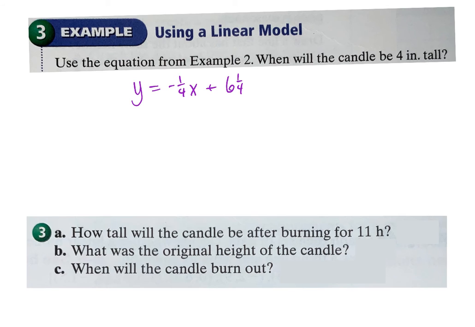Which variable does 4 inches tall represent? The x or the y? The x. Yeah, so remember, y is height, right? Y was height and x was time, remember? So they're saying, when will the candle be 4 inches tall? They gave us the height. So we're going to plug 4 inches into this part of it.